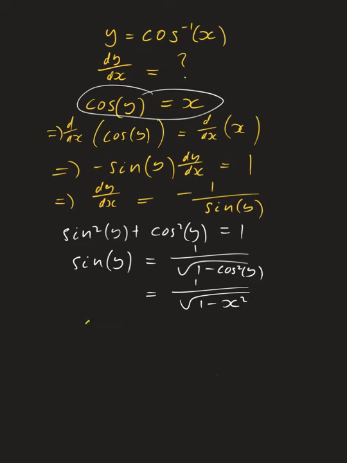So let's sub that back in to our dy dx, which is equal to minus 1 divided by the square root of 1 minus x squared. So the derivative of the inverse cosine function of x, y equals cos minus 1 of x, is dy dx equal to minus 1 over the square root of 1 minus x squared.